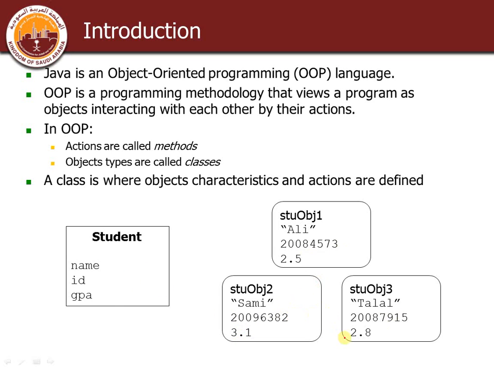They can all be different, but still they share those three characteristics. And these are different objects. This is just to distinguish between the object and the class. The class is the generic definition, and the object is one example of that class. Actually, the term is one instance of that class.